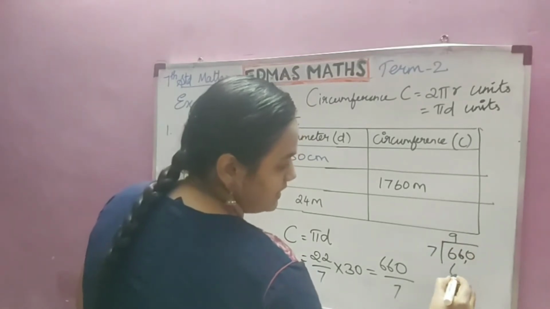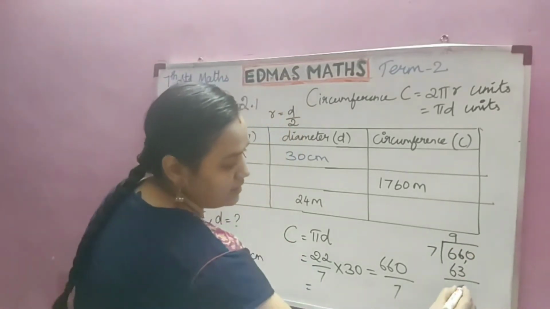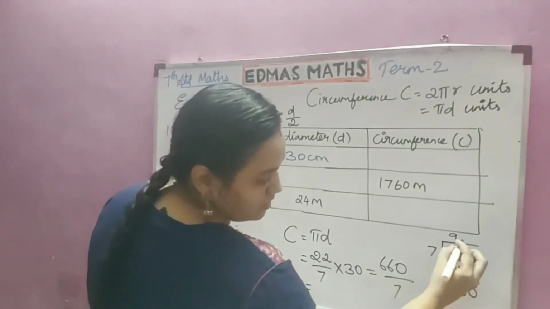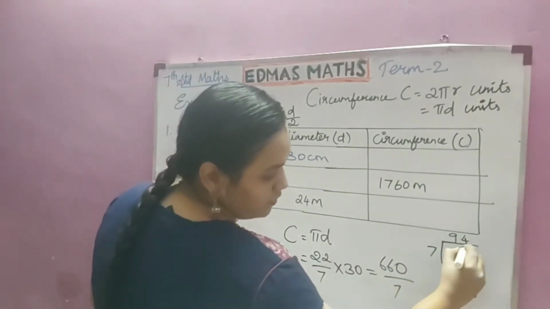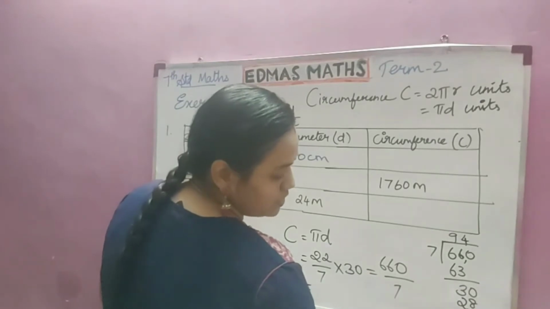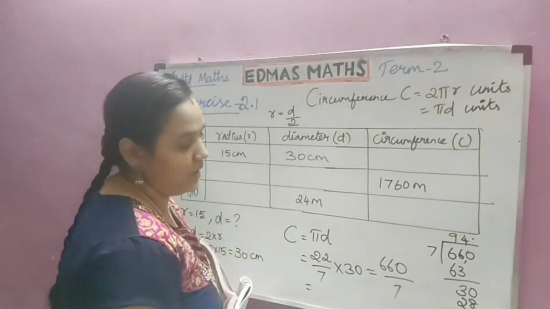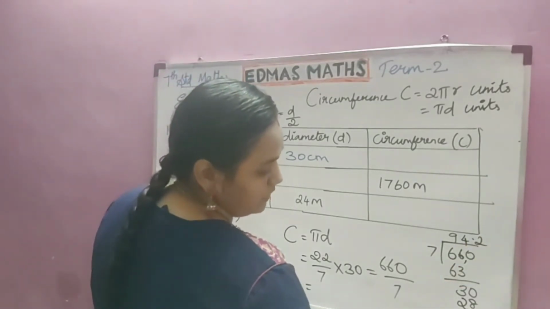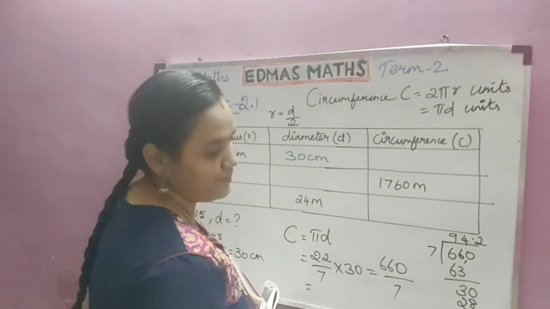9 sevens are 63. So balance is 30. 4 sevens are 28, balance 2. I am keeping 1 point and 0. Again, 2 sevens are 14. We got 6.